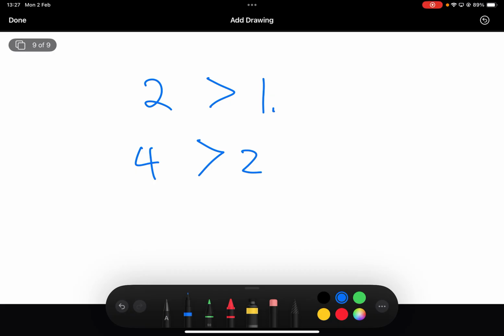But if from 2 and 1, I multiply by a negative number, let's say negative 2, 2 times negative 2 becomes negative 4, 1 times negative 2 becomes negative 2. Now, is the left still larger than the right? Oh, the right is bigger.